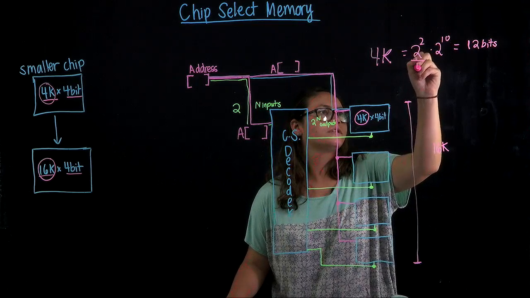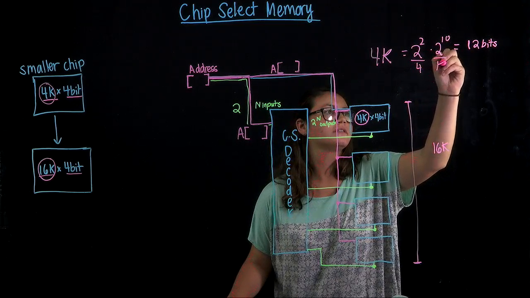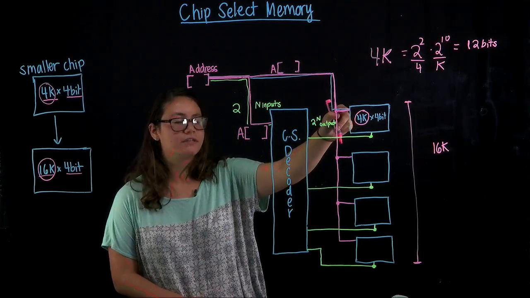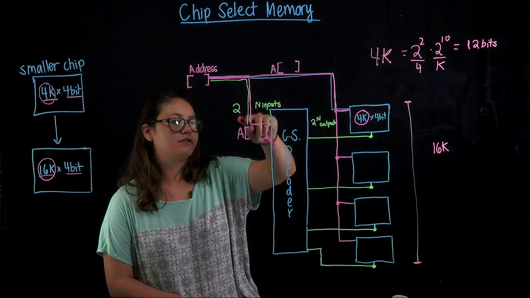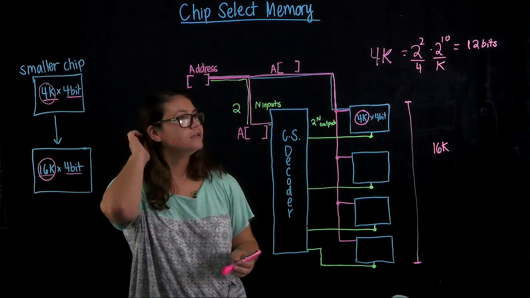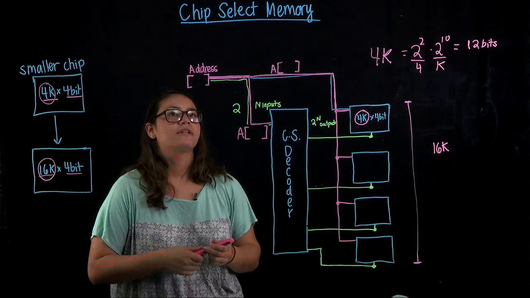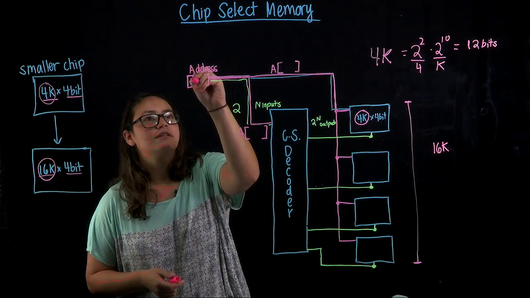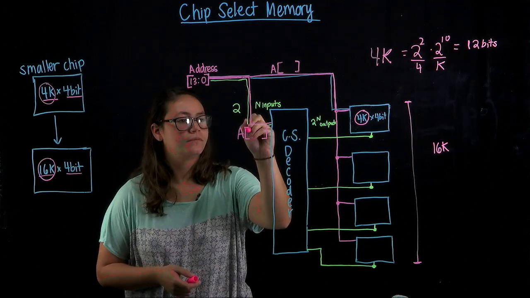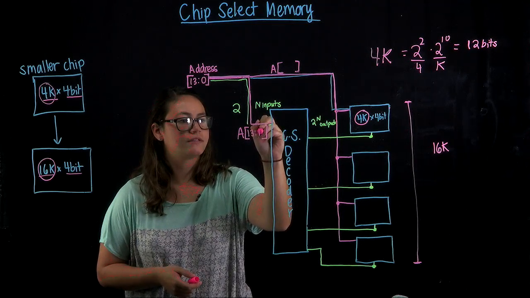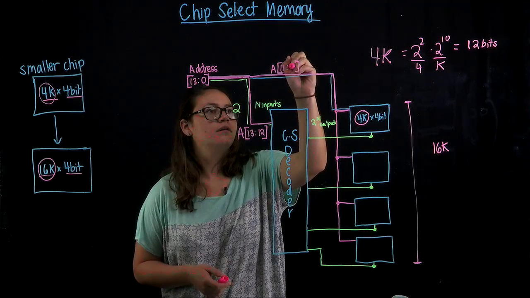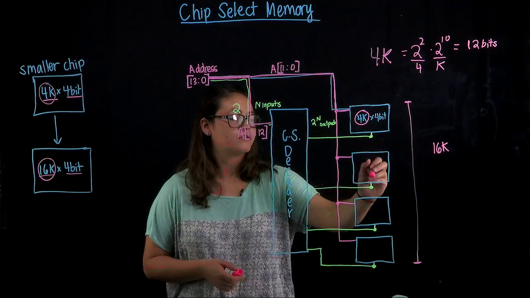So 2 to the 2 is just 4, and then 2 to the 10 is K. So we have 12 bits going into each chip, and then 2 bits that go into the larger chip select decoder. In total, that's going to be 14 bits, so our address is going to be from 13 down to 0, with the top 2 bits going into the chip select decoder and the other 12 bits going into each chip.